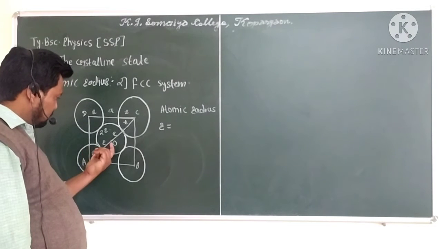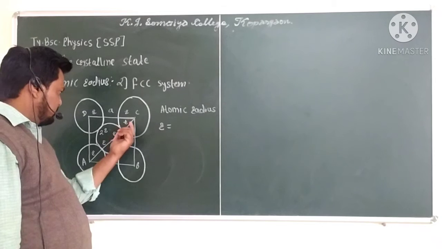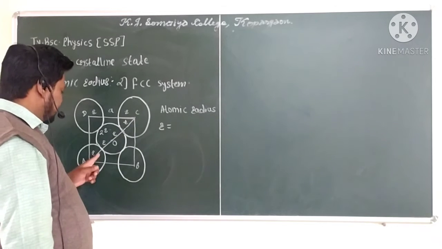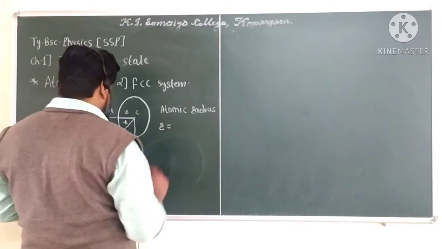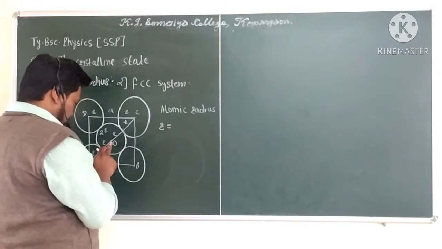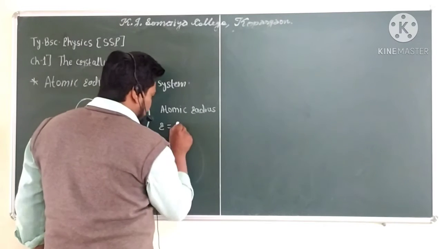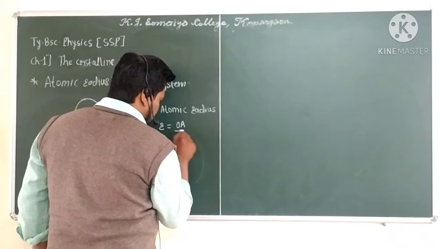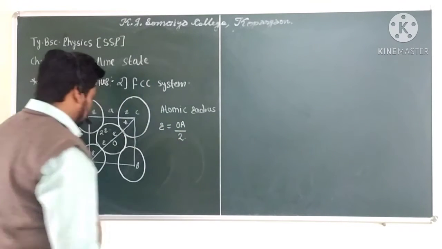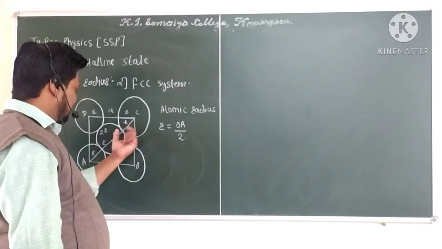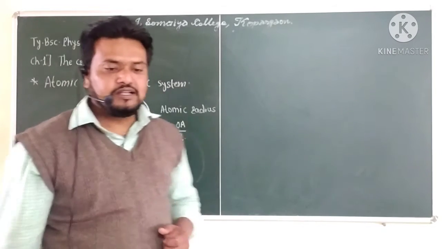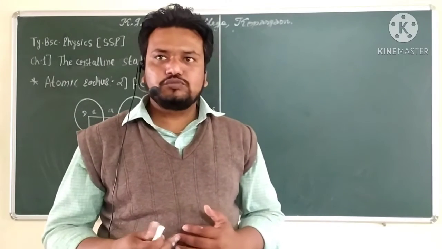In this FCC structure, the neighboring atoms are at the corners of the cube. So the atomic radius r is equal to OA by 2. By definition, it is half the distance between two neighboring atoms. Consider this neighboring atom and this neighboring atom, so r is equal to this distance OA divided by 2, or OC divided by 2.